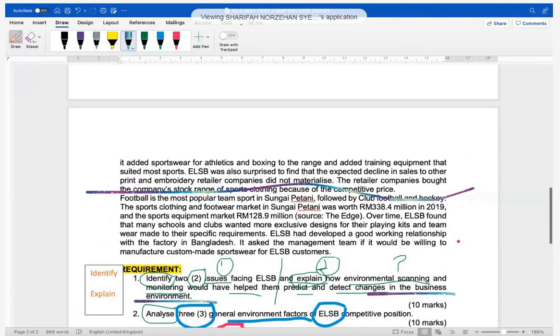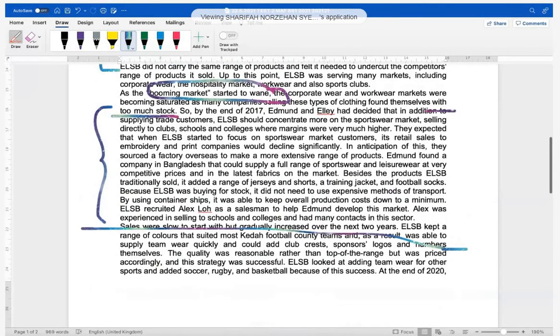So basically, some of the points here can be broken down into answering several questions. So you need to practice so that you'll be able to see which aspect of the points can be used to answer different questions, even though it comes from the same paragraph.